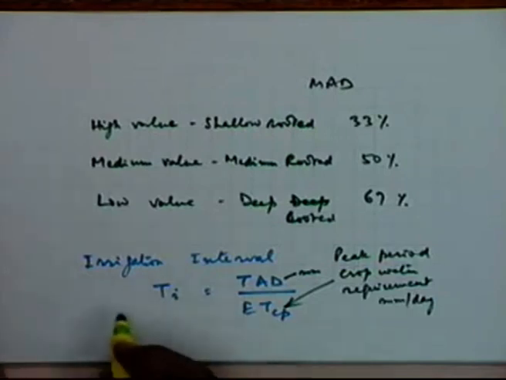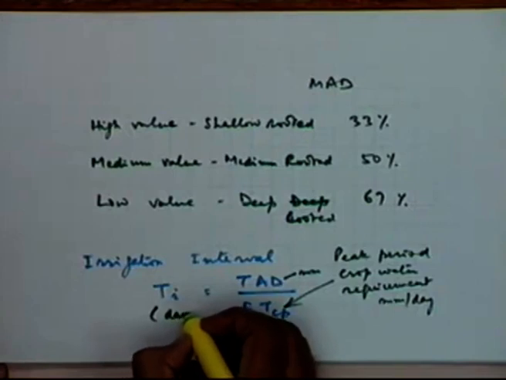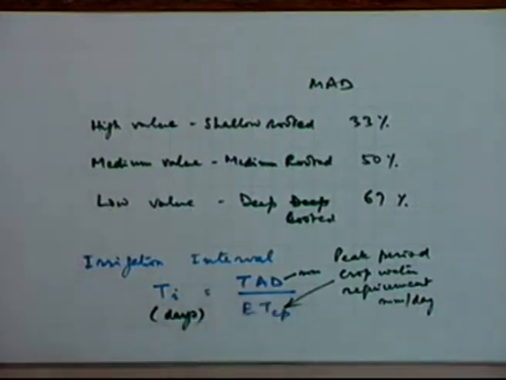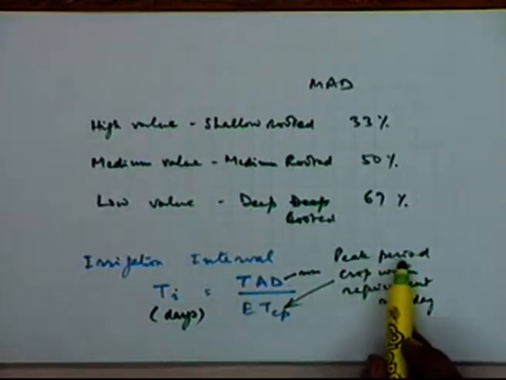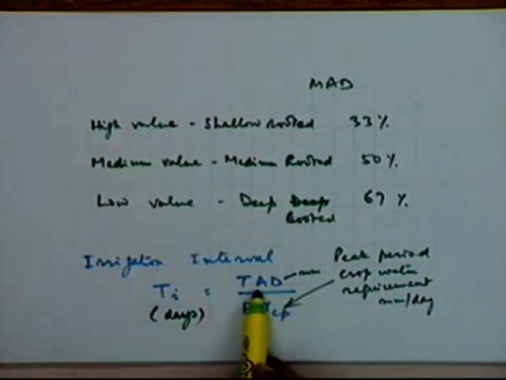So you will have Ti, the irrigation interval, in days. So this basically shows how long you can wait for the next irrigation, and that is dependent on at what rate the crop is utilizing the water and how much water is available.